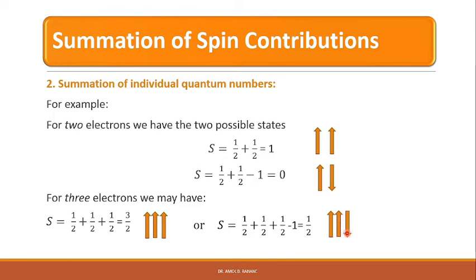So that means 2 up arrows and 1 down arrow, or 1 up arrow, 1 down arrow and again 1 up arrow, or 1 down arrow and 2 up arrows, right? So we can have different orientations of the electrons, but we get only 2 values of S, that is 3 by 2 or 1 half only.